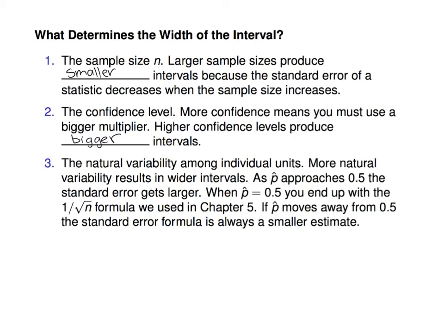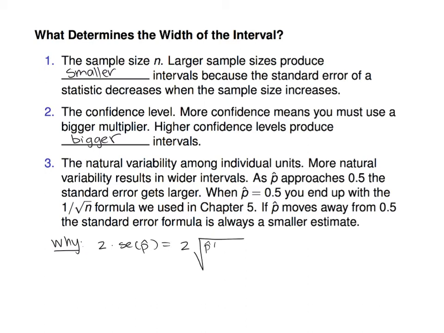More natural variability results in wider intervals, i.e. as p hat approaches 0.5, the standard error gets larger. And when p hat is 0.5 exactly, you end up with that 1 over root n formula we used in Chapter 5. And here's why. That 1 over root n formula was specifically about a 95% confidence interval. So our multiplier is 2 times the standard error of p hat.